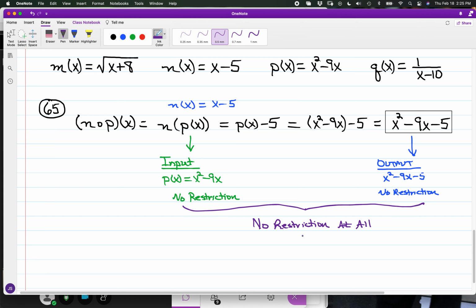Because there's no restricted value, the value of x can be anything in the real number system. So for the domain, we have the set of all real numbers.